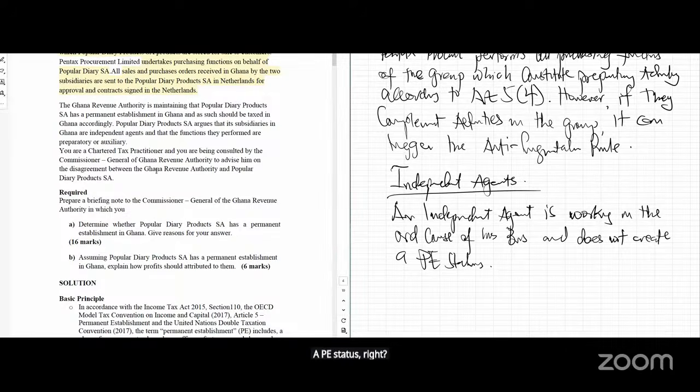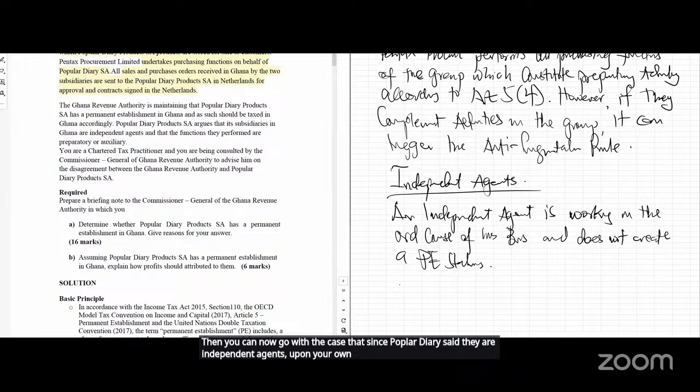Then you can go with the case that since Popular Diary said they are independent agents, upon your own analysis, you think they are not independent, because of so and so. Do you see how we do it?